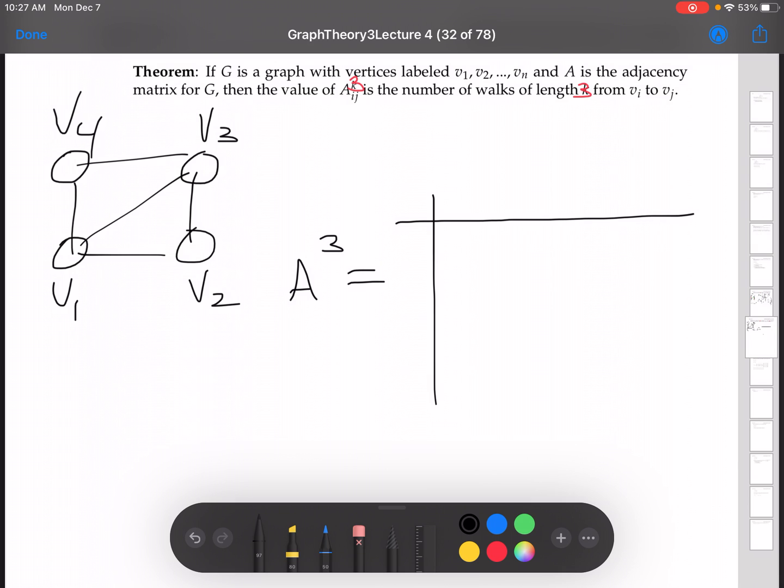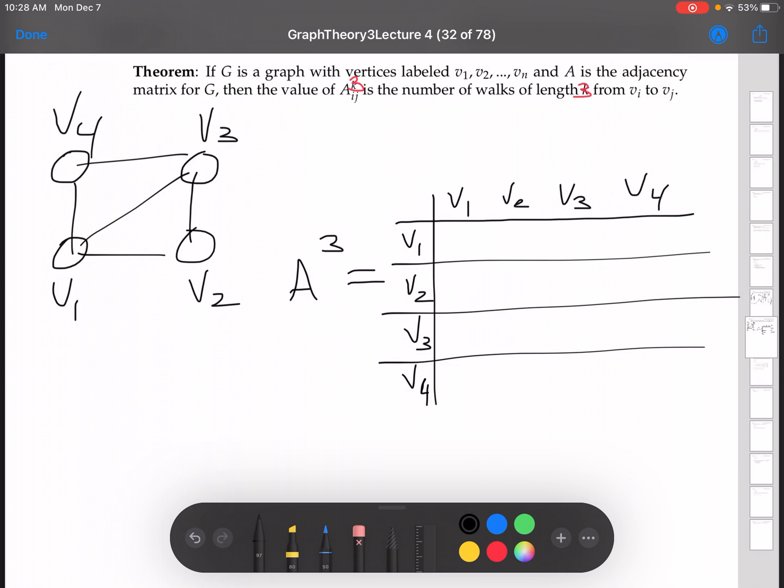As I've done before, you can think of a matrix like this as a grid. You can think of it as having V1, V2, V3, V4 across the top and down the side.